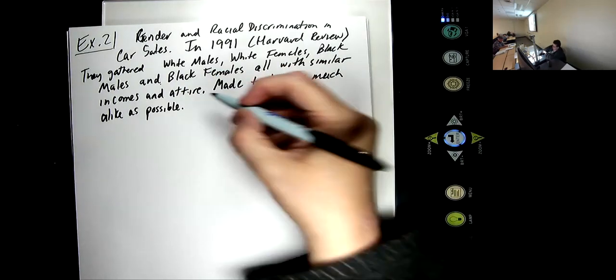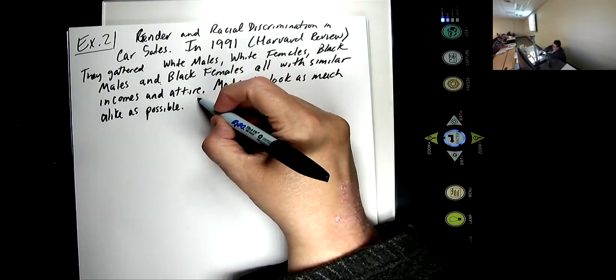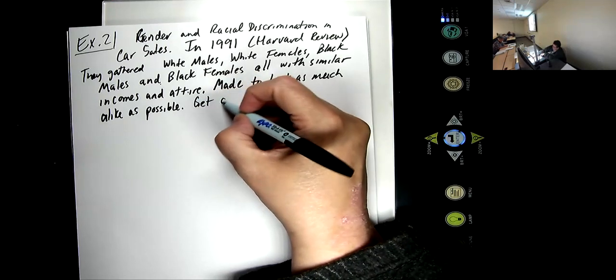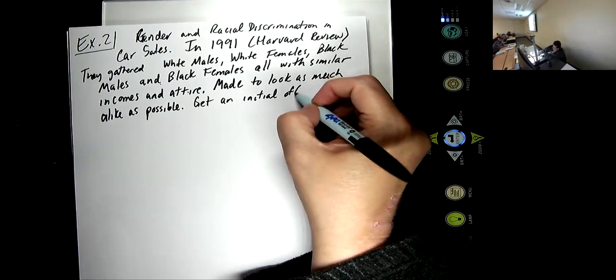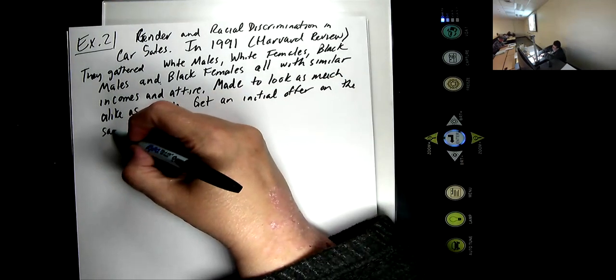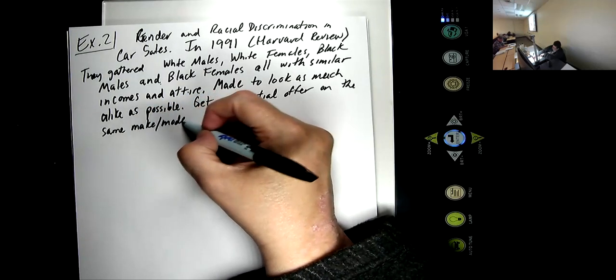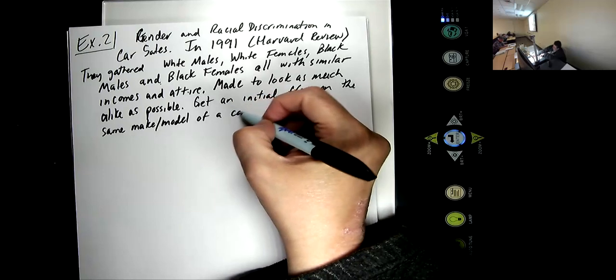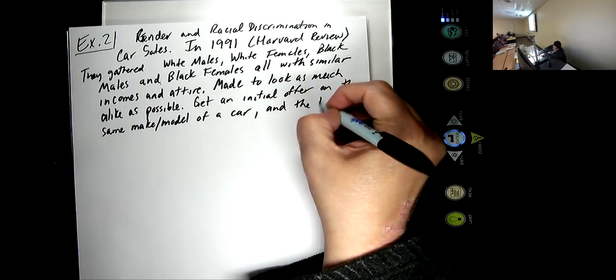Then they are sent out and they get an initial offer on the same make and model of a car, and the dealership's profit is recorded.